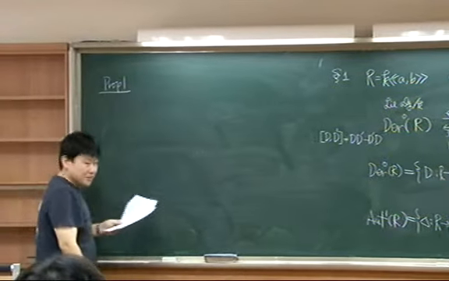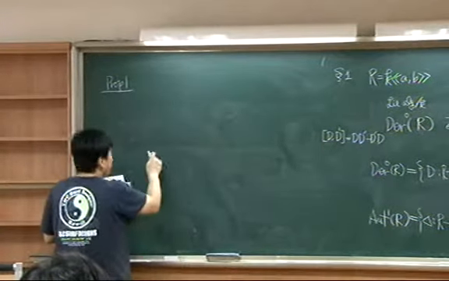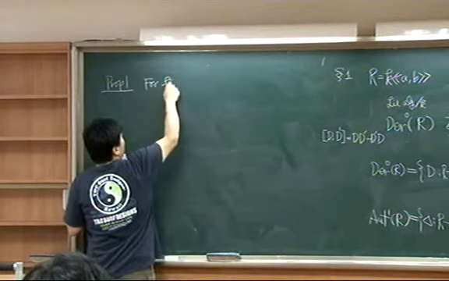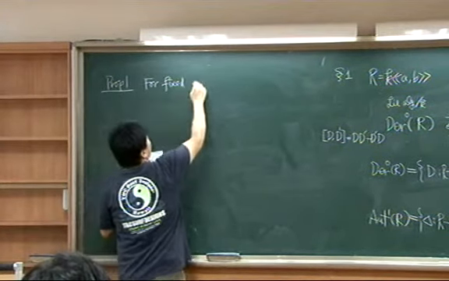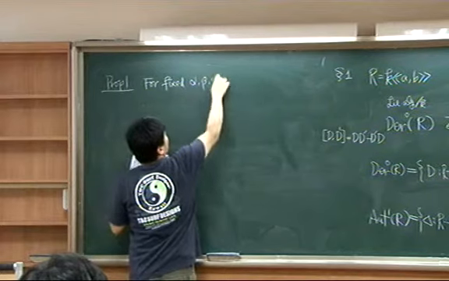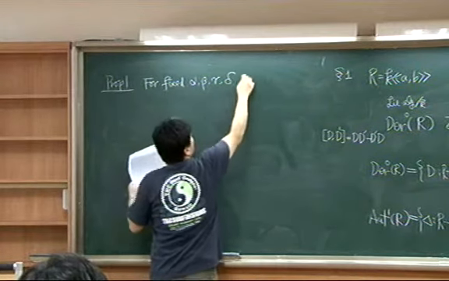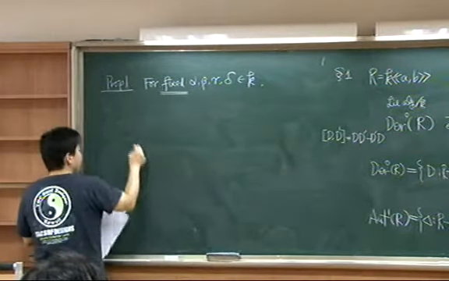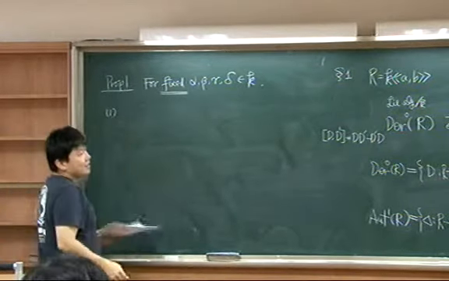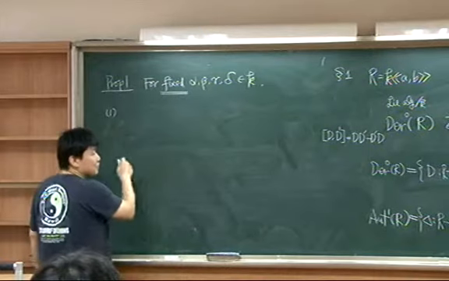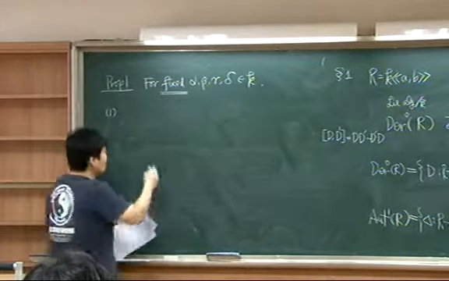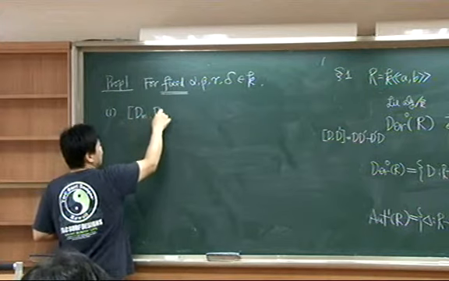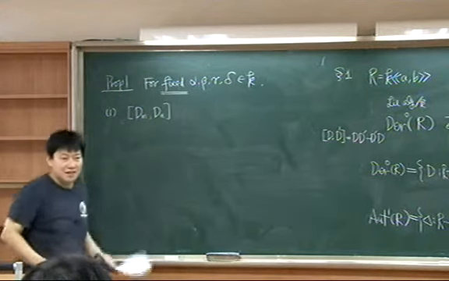The following proposition is very interesting. For fixed parameters, as I said before, the bracket of derivations is also a derivation. So what is the bracket of dm and dn?